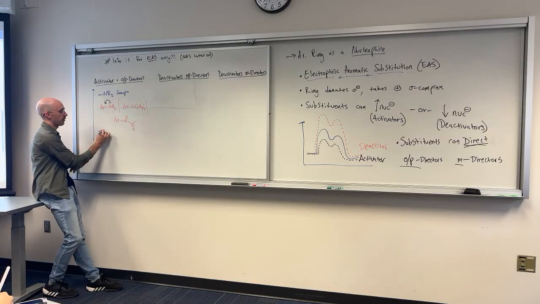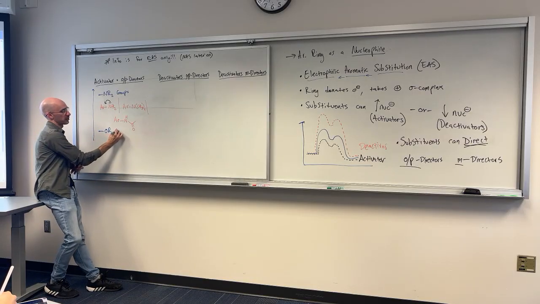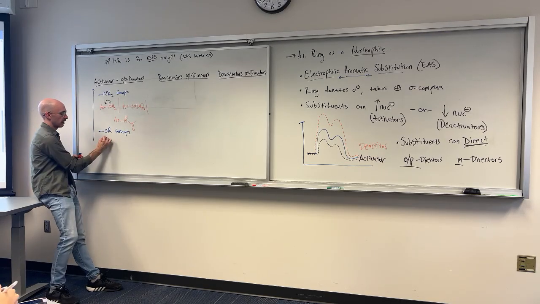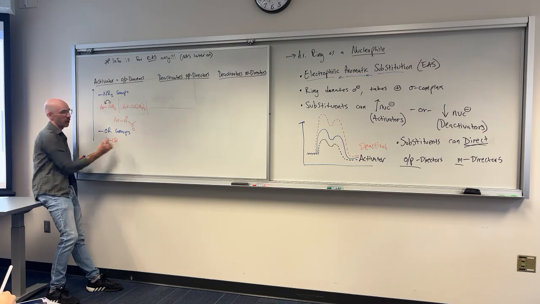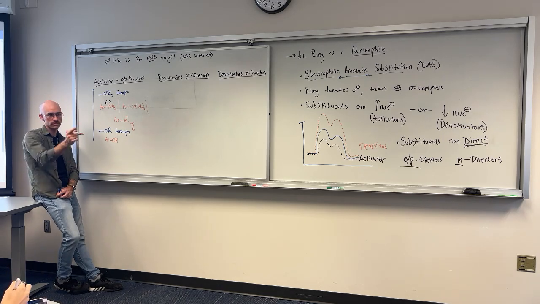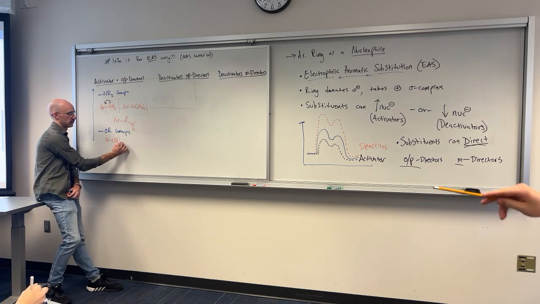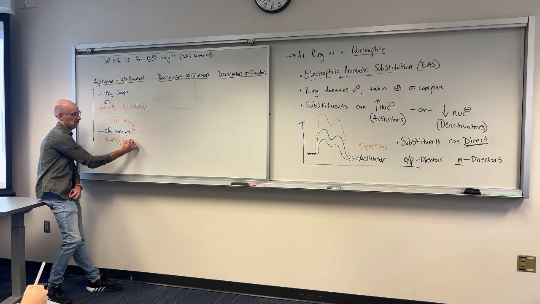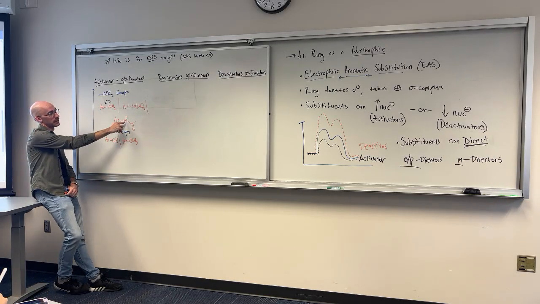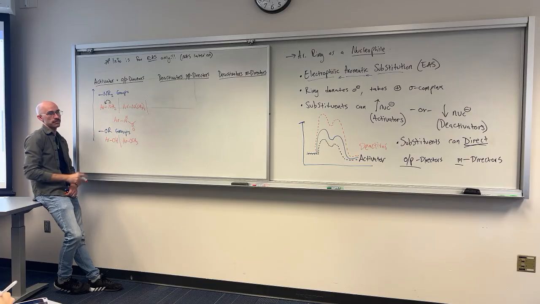Same thing with OR groups. And this may feel confusing, but in this family we're going to have phenol, where R is H. So when it says R2, it could be two separate atoms. Yeah, like here, where it's an amide and a hydrogen.